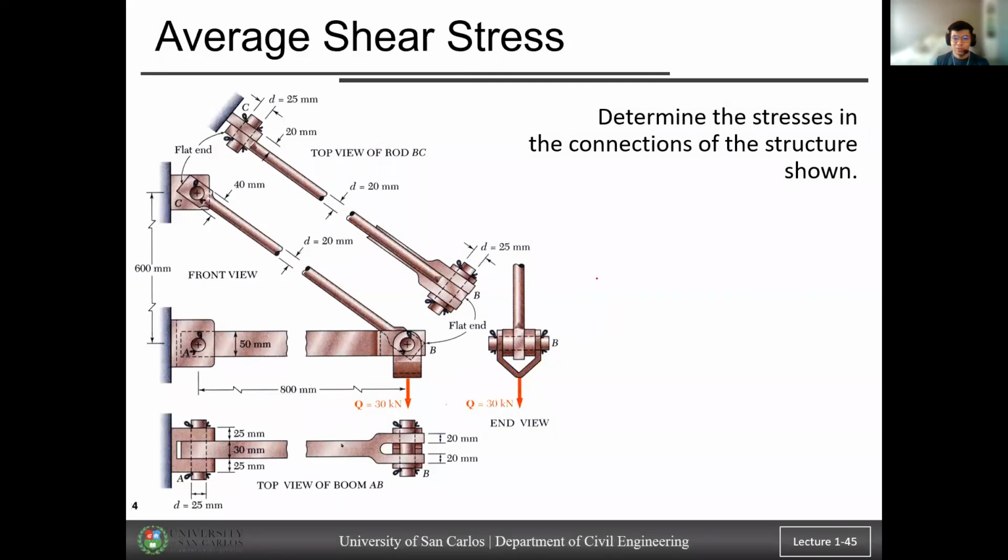Okay, so for example, we try to determine the stresses in the connections of the structure shown. Let's borrow the example from the normal stress problem. Hopefully you still know the answers to the different forces.